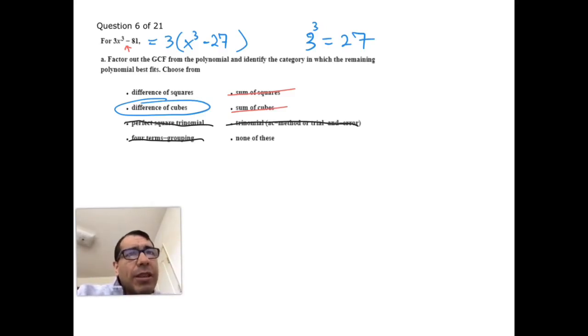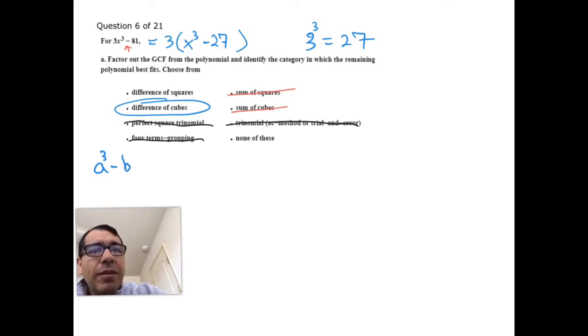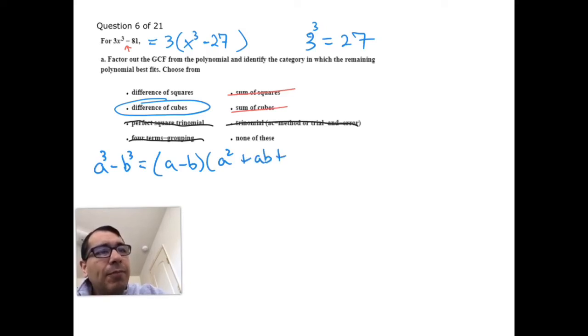So if you forgot what that is, here we go. Difference of cubes. When you have something cubed minus some other term cubed, what you're left with when you factor it is a minus b times a squared plus ab plus b squared.